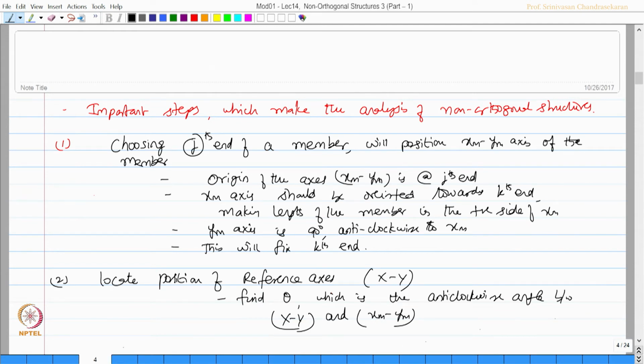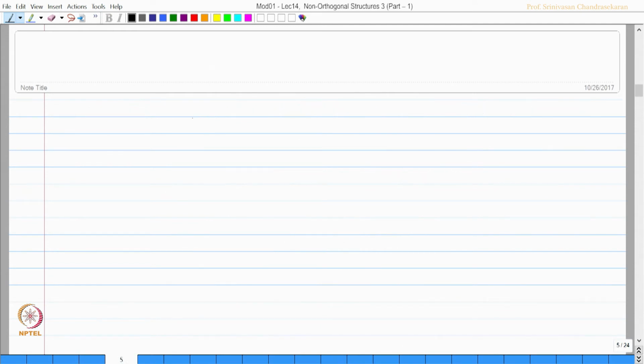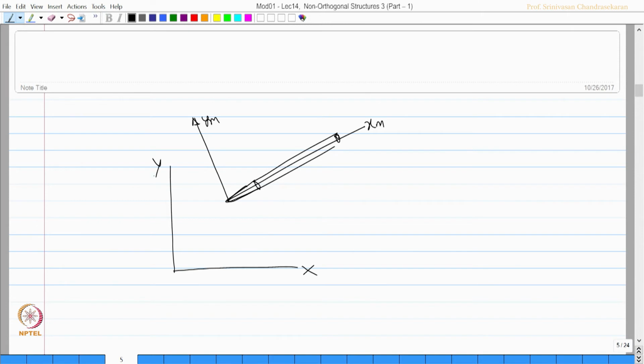Friends, let us elaborate this. This is my xm and ym of a given member, and let us say this is my xy axis of the whole structure. I am looking for the angle theta, which is the anti-clockwise inclination of xm with respect to x.